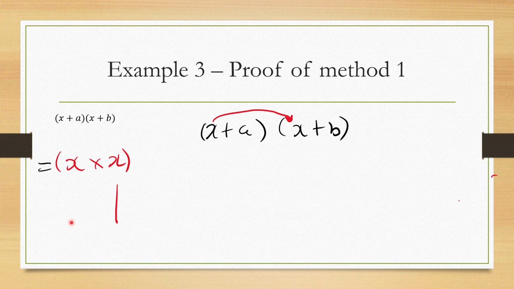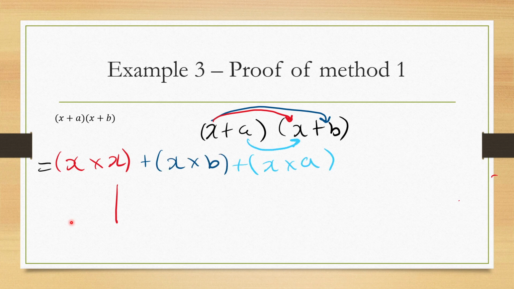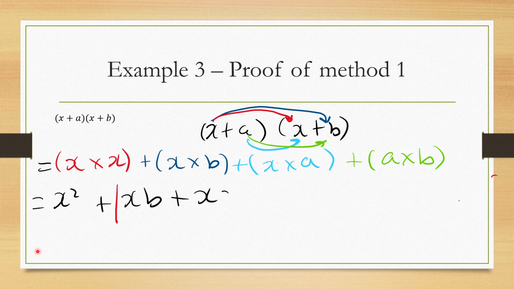Do x times x, and then x times b, and then a times x, and then a times b. Now we simplify everything together. So x times x becomes x squared, and then x times b becomes xb, and then a times x becomes xa, and then a times b becomes ab.